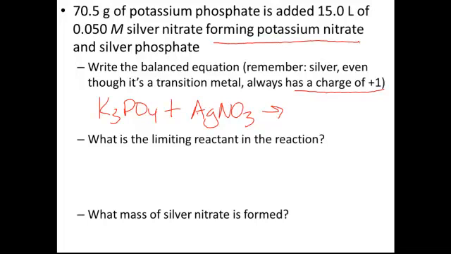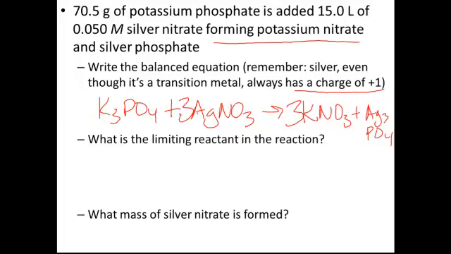Forming potassium nitrate, so this is just a double replacement reaction, KNO3 plus Ag3PO4. Now in terms of balancing, I think we need a 3 here, and we need a 3 here, and now it is balanced.